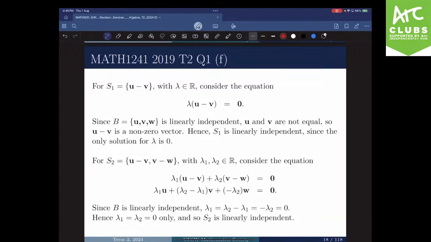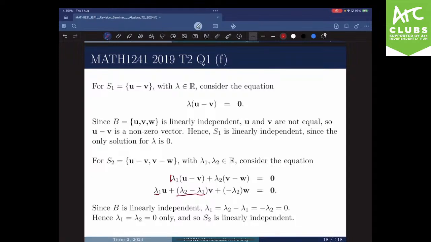And for S2, we can do this similarly, where we consider the equation where a linear combination is equal to 0, and we rearrange the coefficients such that they're separated for each vector.